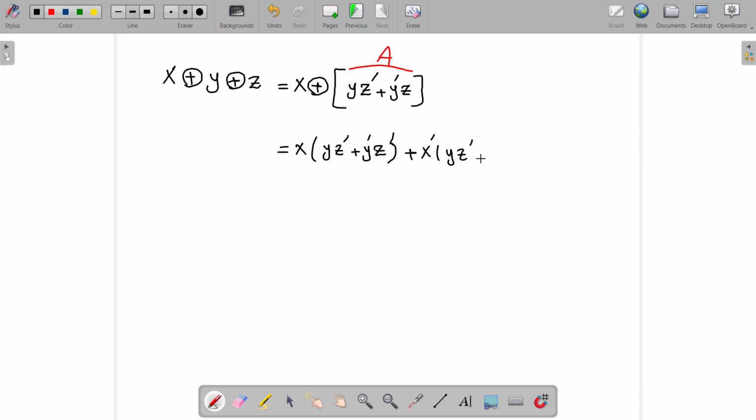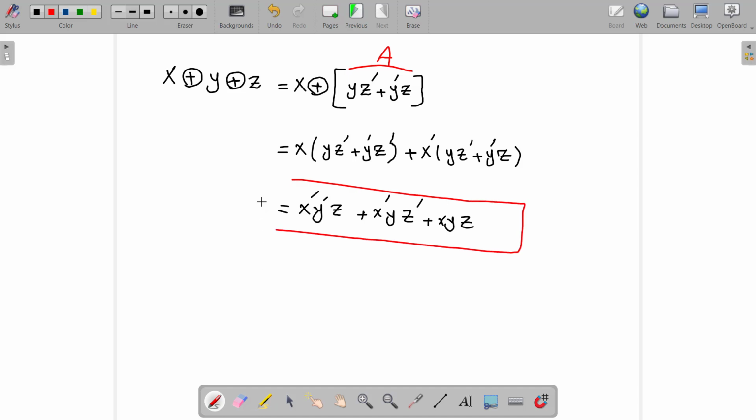Now, if you expand this expression, you can see that we will have x prime y prime z or x prime y z prime or x y z. Now, if you compare this expression with the expression of the sum, you will see that both of them are the same.